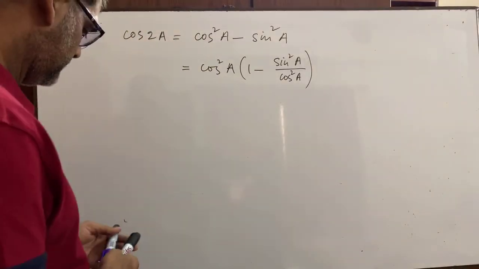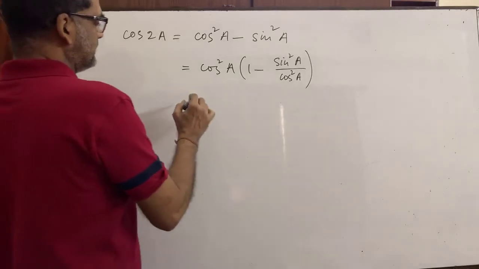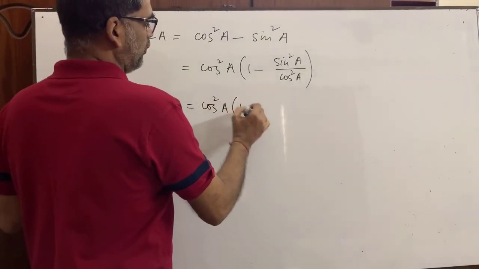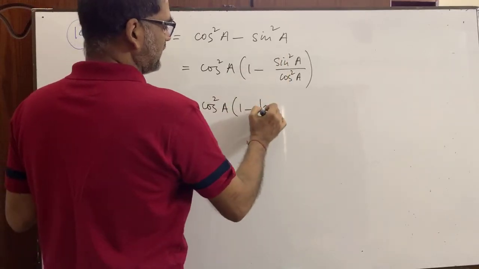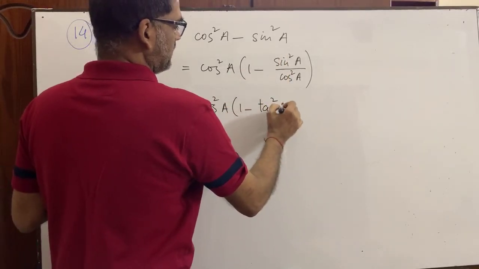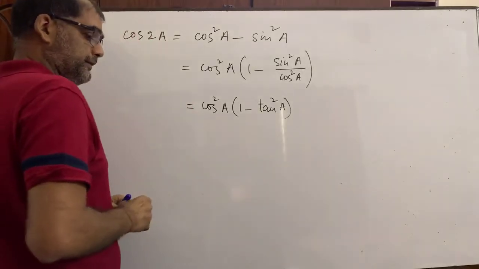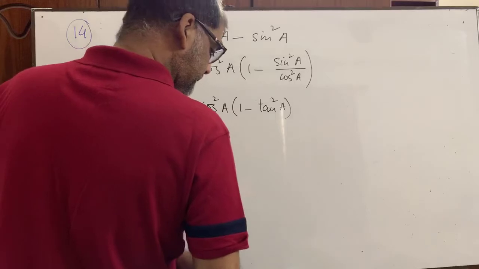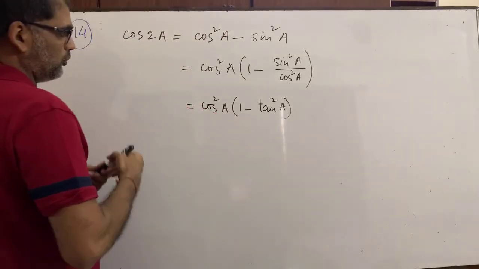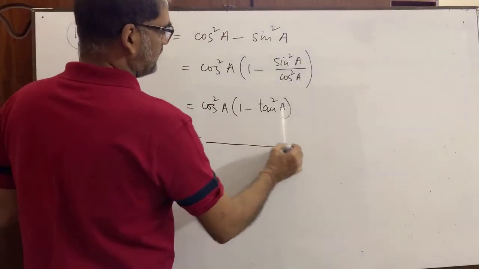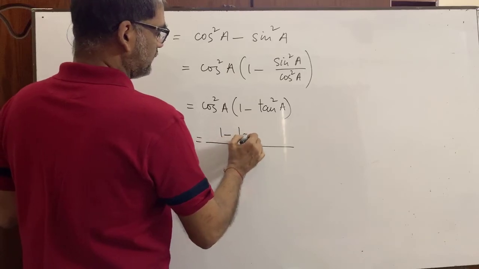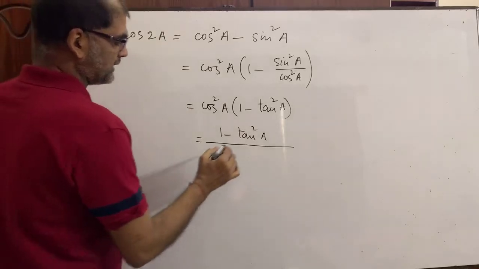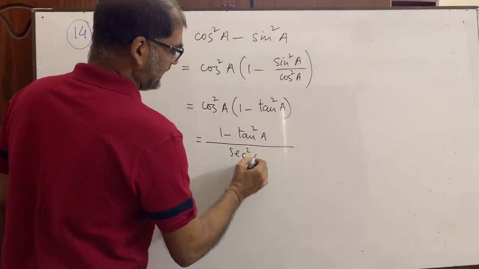Okay. Then cos square a times 1 minus, it is tan square a. Right? Cos square a 1 minus tan square a. Or we can write 1 minus tan square a; this cos square can be written as by sec square a.